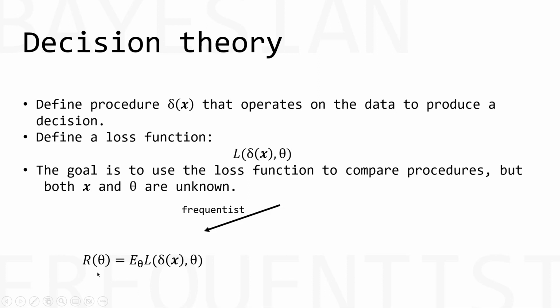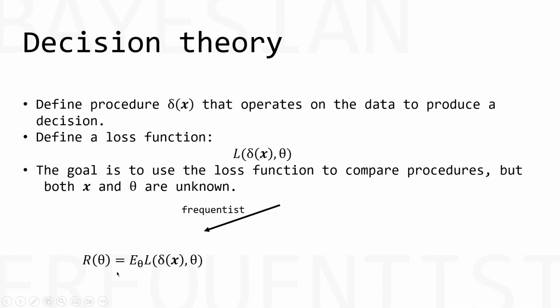But we still have the theta part here. Since we don't know the true theta, we consider different thetas. We get rid of the x part, and we end up with a so-called risk function, which still has the theta part in there. So the risk function is a function of theta.